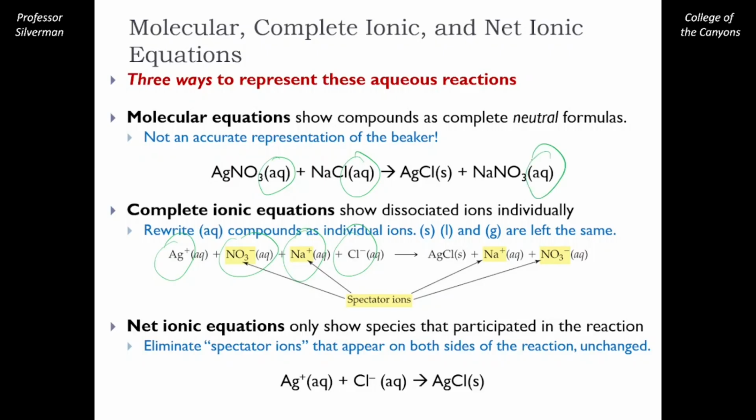On the product side, we have sodium nitrate as aqueous. Let's write that as those individual pieces. If you have anything that is a solid or a liquid or a gas, we can leave those exactly as they are. This is rewritten, just copied over, AgCl solid.